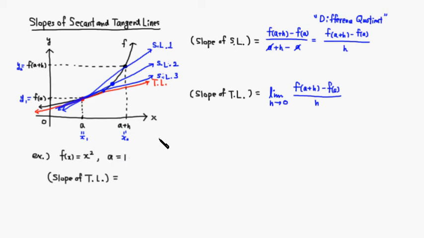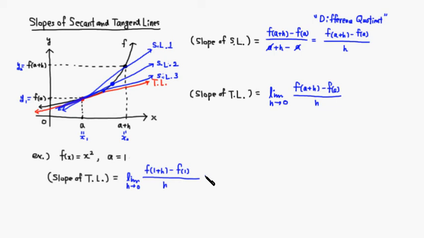Following the definition, it's going to be a limit as h approaches 0 of f of a plus h, in this case f of 1 plus h, minus f of 1, all over h.